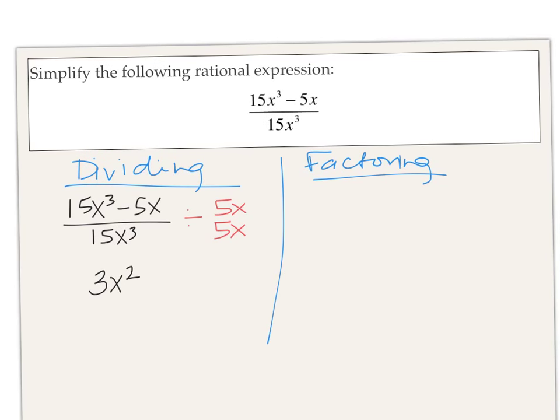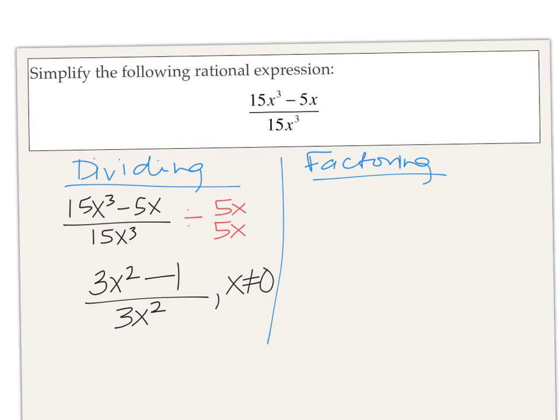Now 5x divided by 5x, what's that? Negative 1. And on the bottom, what will I have? 3x squared. And here the non-permissible value would be 0 again, because it's just 15x cubed. The only thing that could be plugged into there is 0.